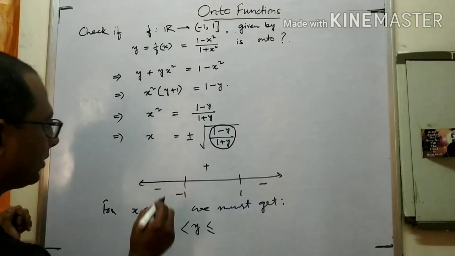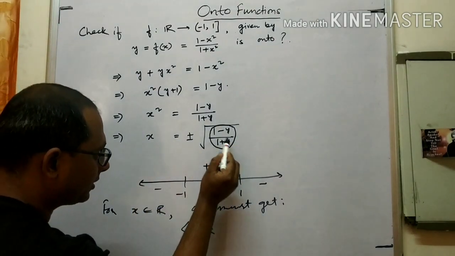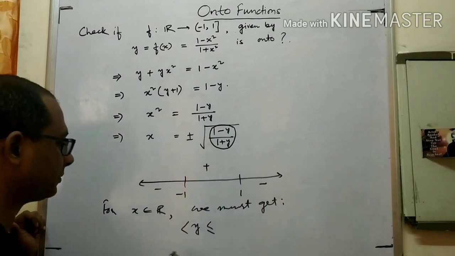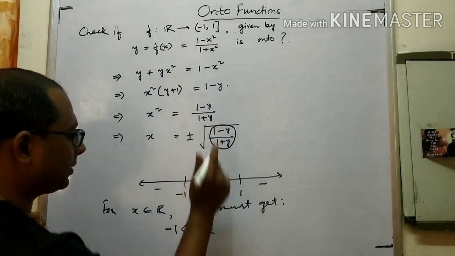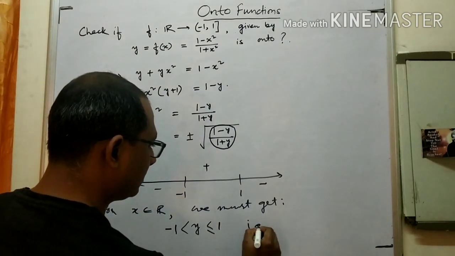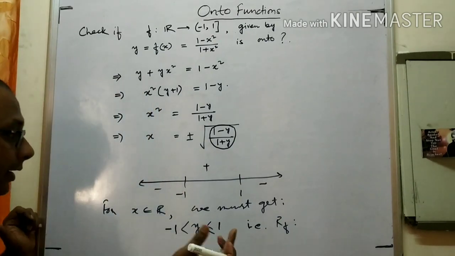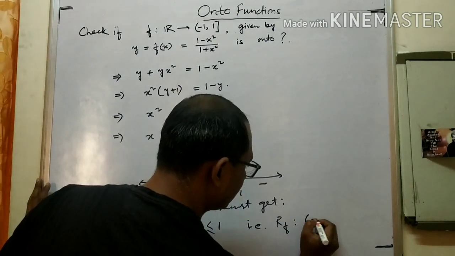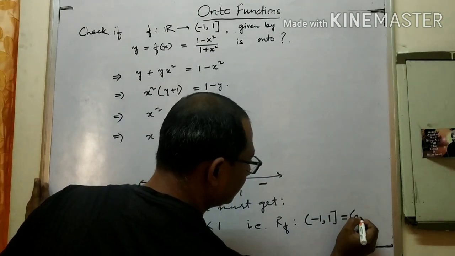Now the question is whether y can take minus 1. No, y equal to minus 1 will make the denominator 0, which is not possible. So minus 1 is excluded and 1 can be included. That is, the range of the function, the value of y, is the interval open at minus 1, closed at 1, which is equal to the codomain.